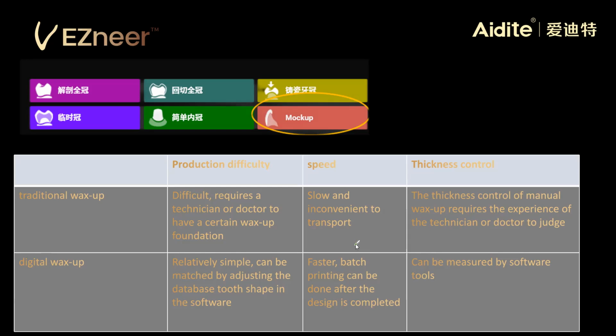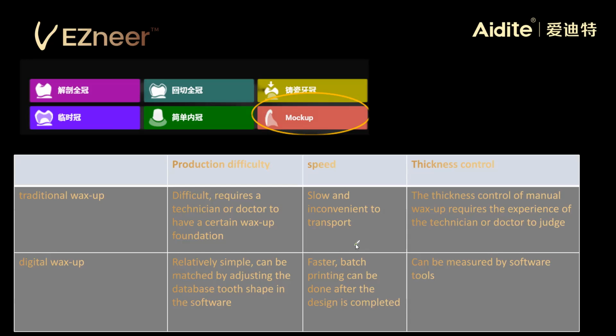and it's very difficult to transport. But the digital workshops are faster. And if our doctors have printers, we can just send the STL to our doctors, and our doctors can print the workshop directly.